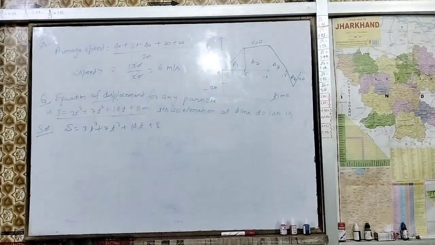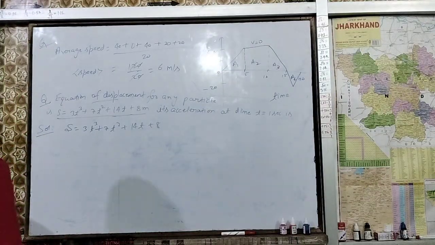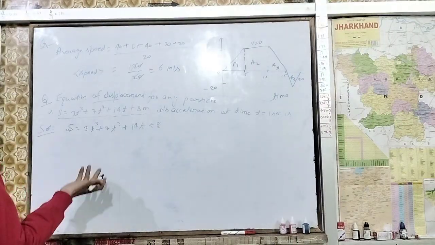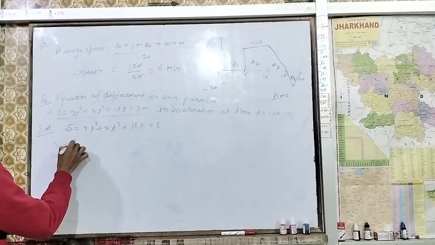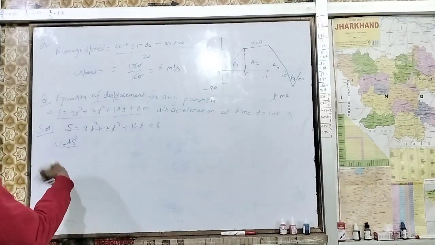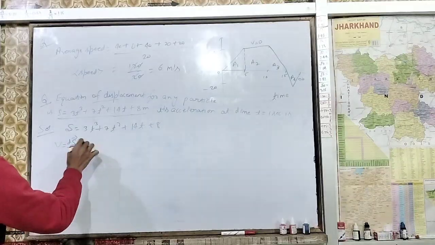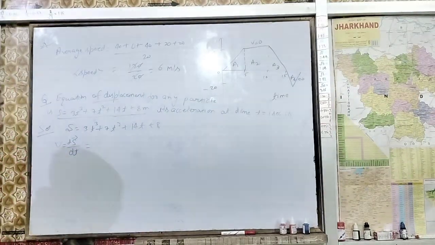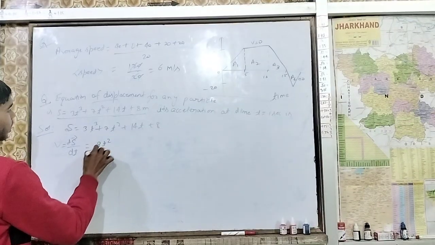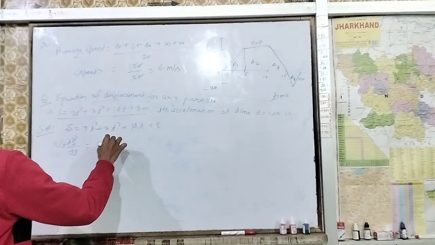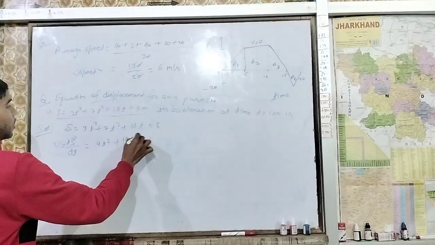Now, we know ds by dt is the relation of velocity, where S is displacement. So differentiation of t raised to power 3 will be 3 times 3 is 9t square, plus 7 times 2 is 14t, plus 14.